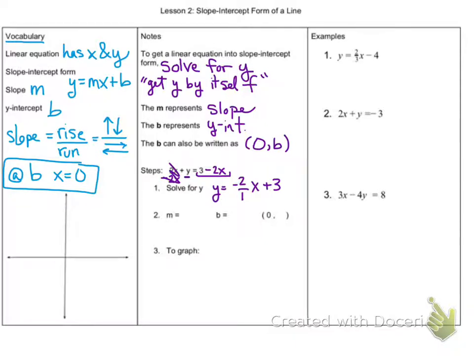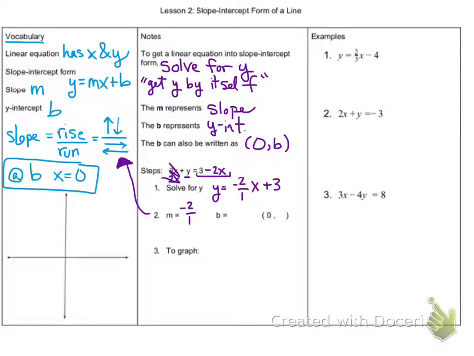Negative 2 over 1x instead of just negative 2, because if you recall, for slope, we do need a fraction because it's a graphing tool, and we can't just have a rise, we can't just have a run, we need both. So our m number is going to be negative 2 over 1.